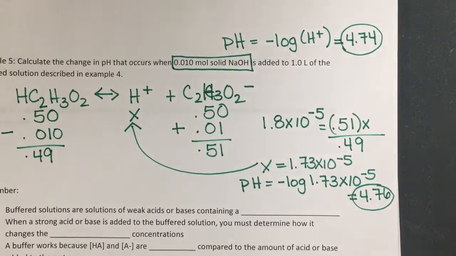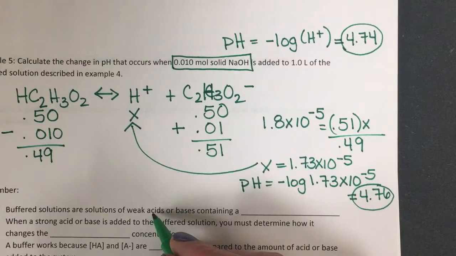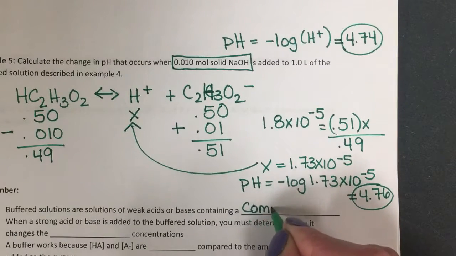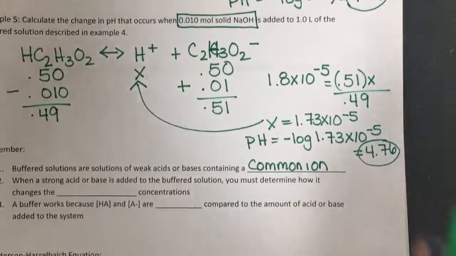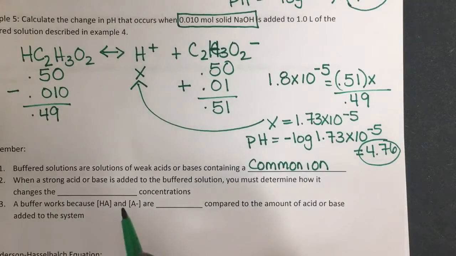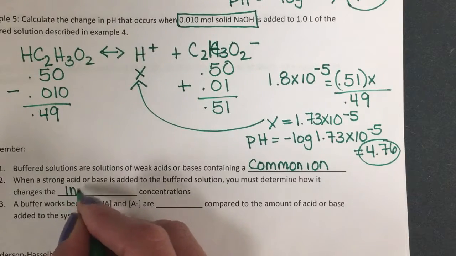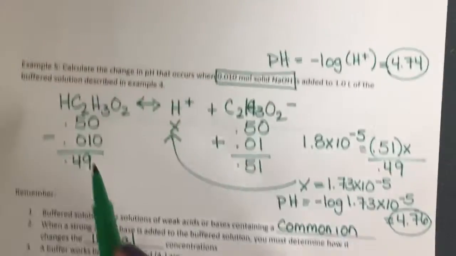So remember, buffers are designed to contain a weak acid or a weak base and its common ion. When we have a buffer, if we add a strong acid or a strong base, we need to take into account how it changes the initial concentrations.